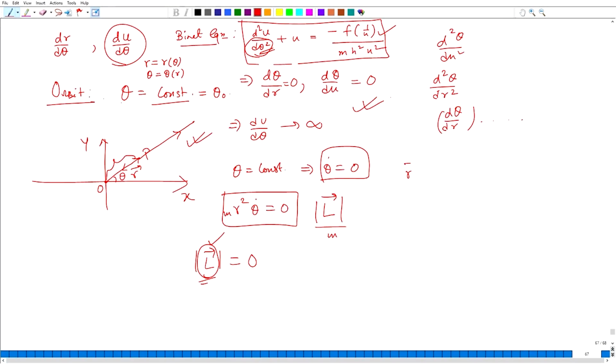Then the analysis will not be applicable, because right from the beginning we start by saying that r dot L vector is 0 makes the motion in a plane perpendicular to L, assuming that none of r and L is 0. If one of them is 0, we cannot comment easily.